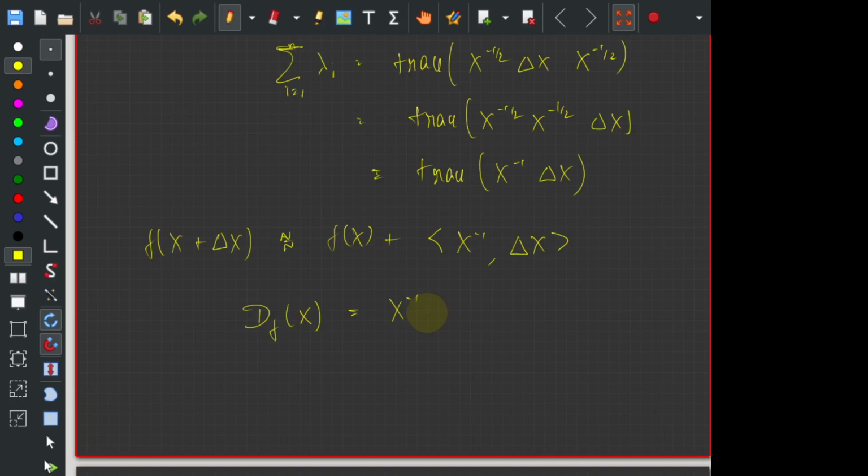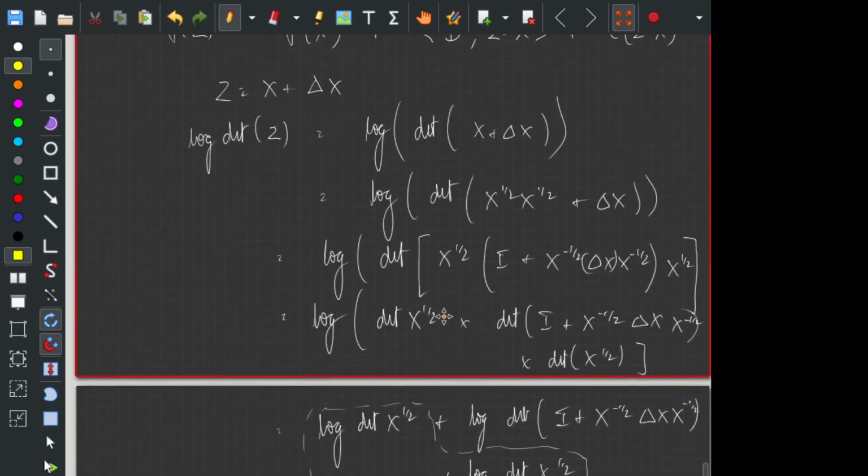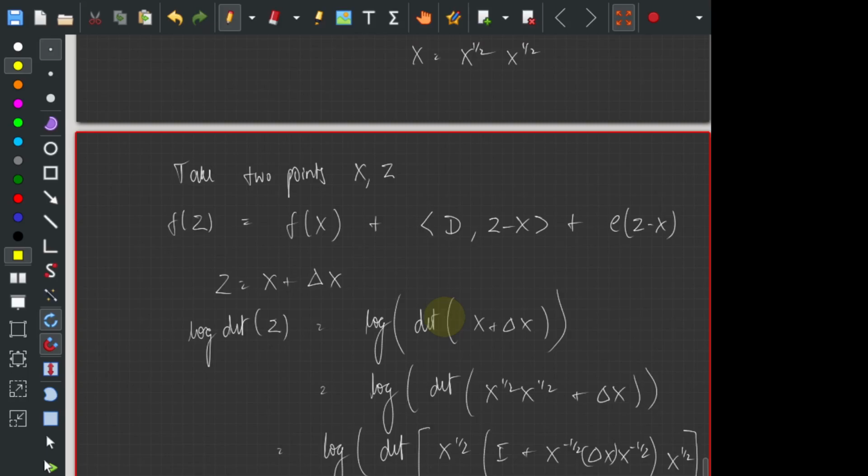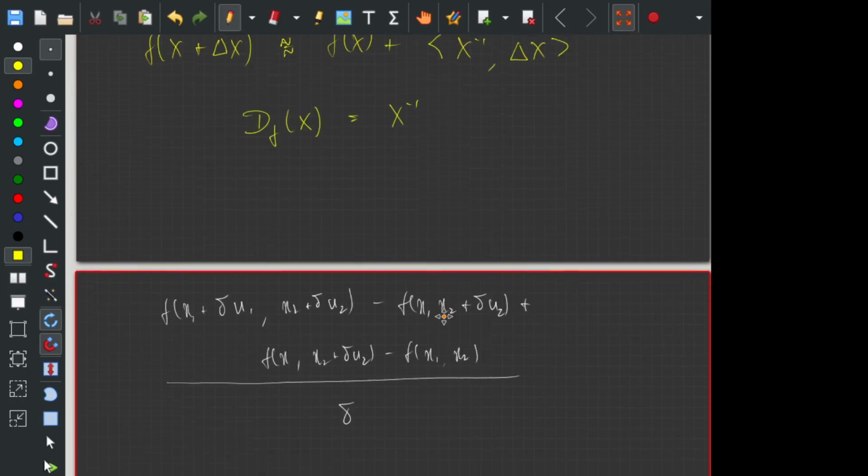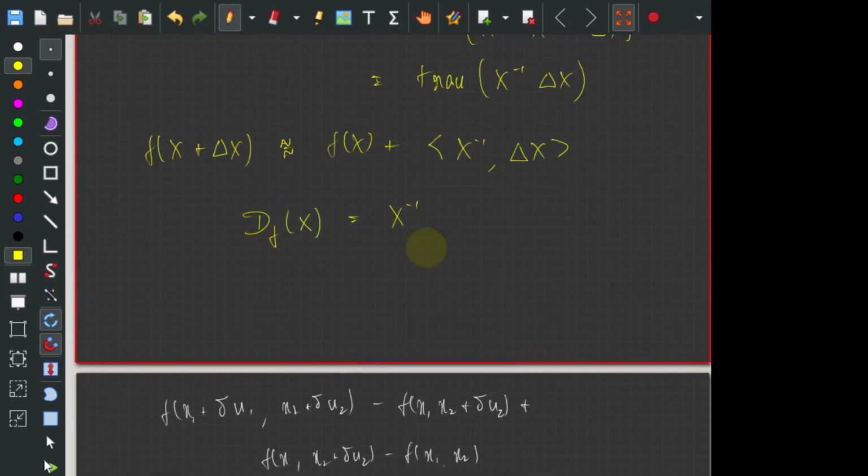And this is in some sense natural, right? Because what would be the derivative of log x? It's 1 over x, right? And that in some sense is what we are getting over here. So again, how do we define trace to be the inner product? The trace is an inner product. It satisfies all the properties of an inner product, and that is the notion of inner product that we're using in this particular definition.